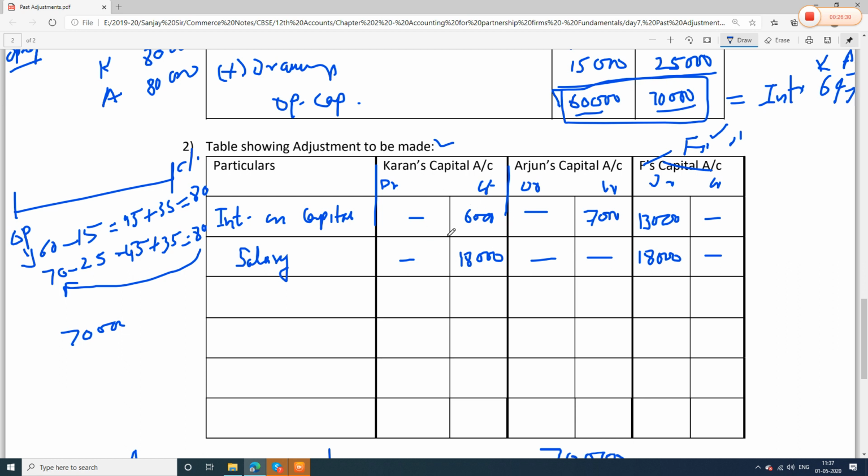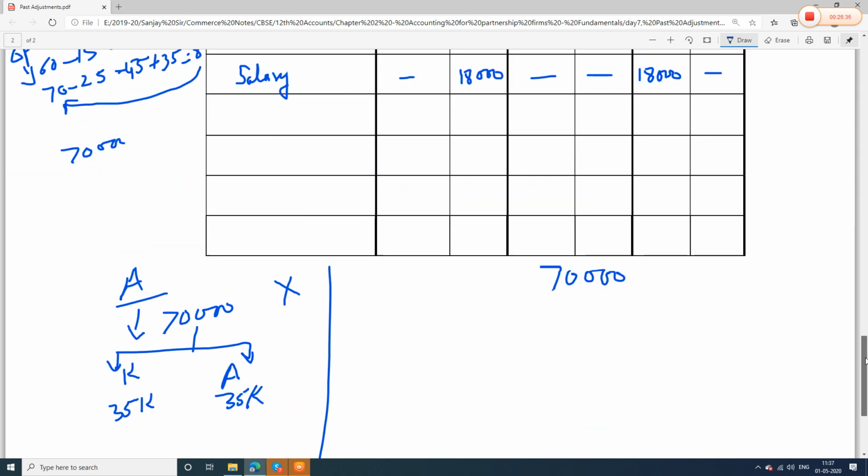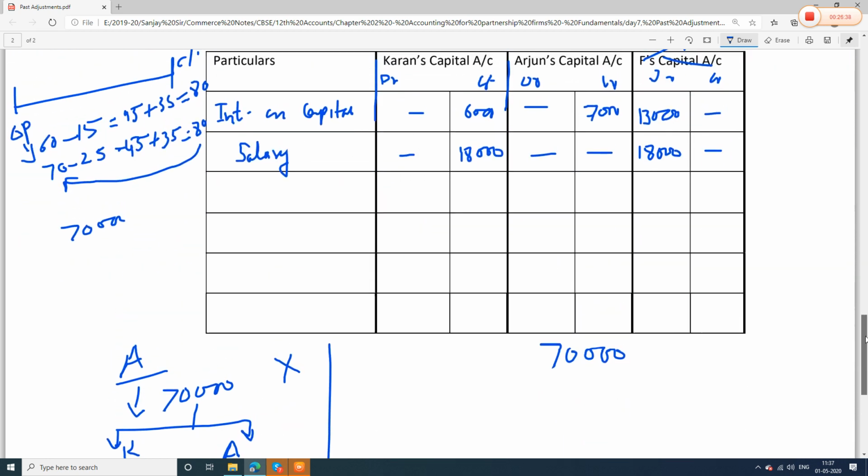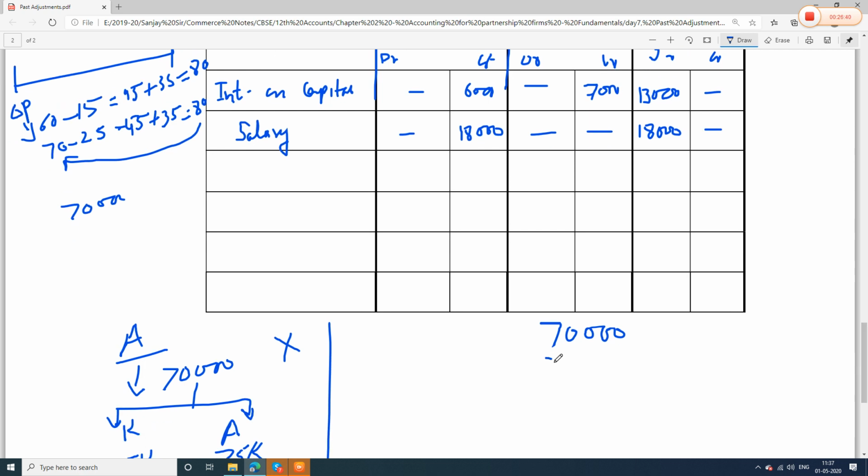See, Karan was supposed to get how much? 18 plus 6, 24,000 rupees. So if we would have paid Karan 24,000 rupees for salary and interest on capital, what would have been the balance profit for distribution? It would have been 46,000 only.